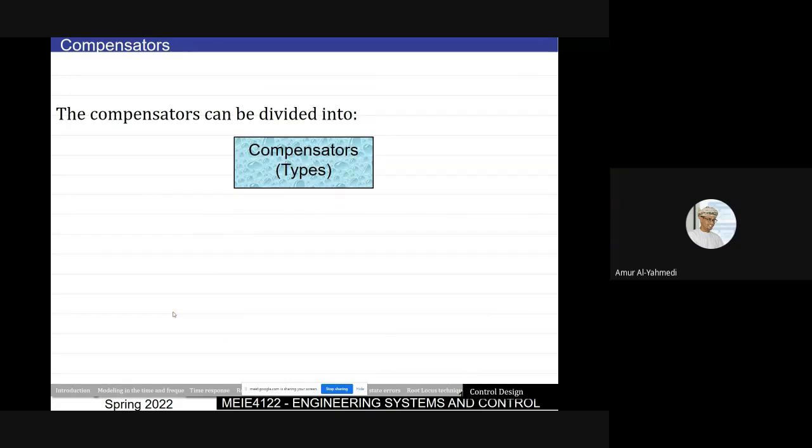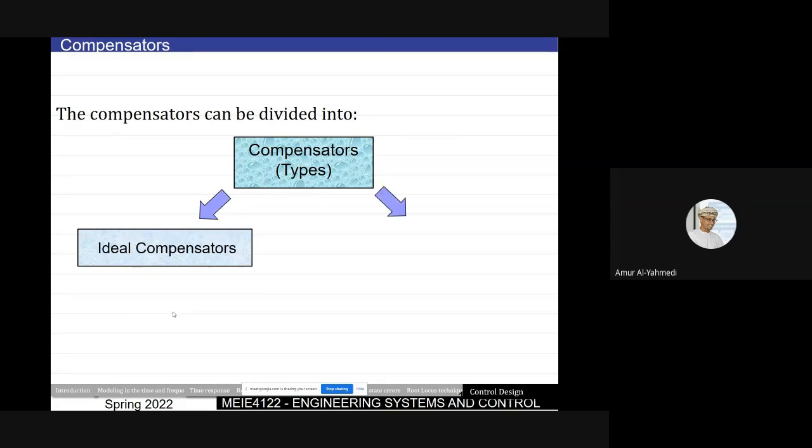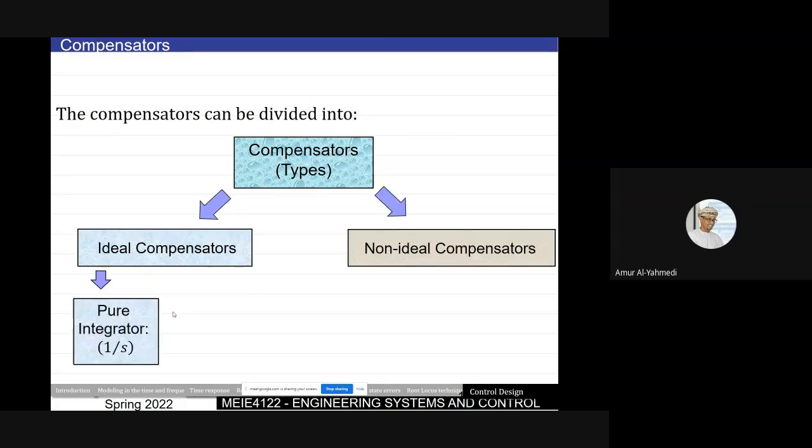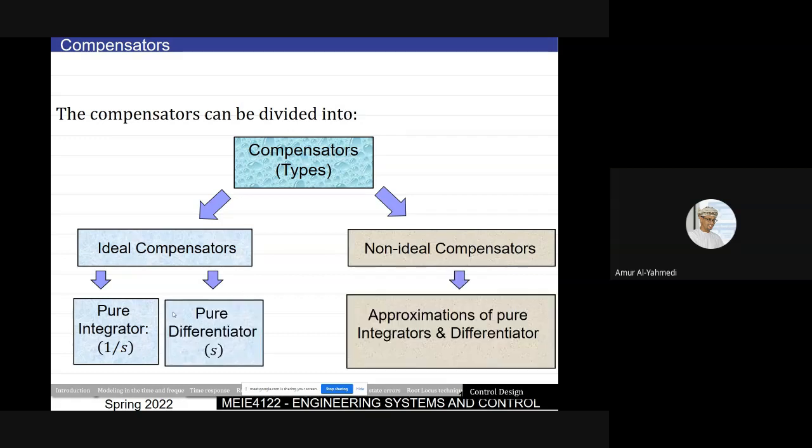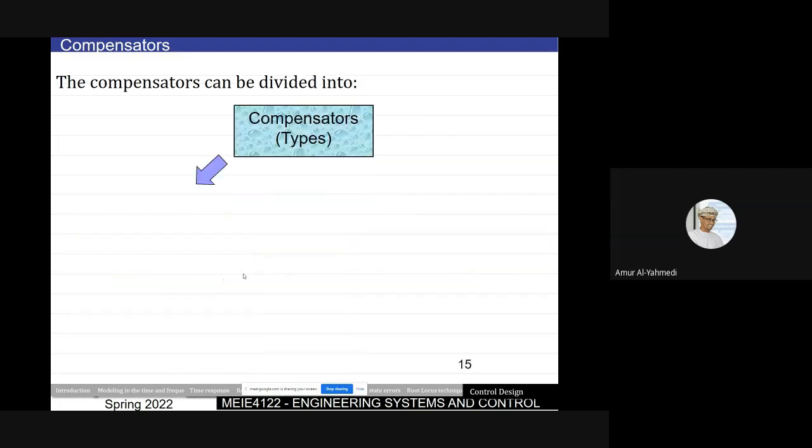There are two major types of compensators. Either the ideal kind, which is a pure integrator or a pure differentiator, or the non-ideal kind, which we call lag and lead, approximations of pure integrators and differentiators. We'll know more later when we zoom into that.